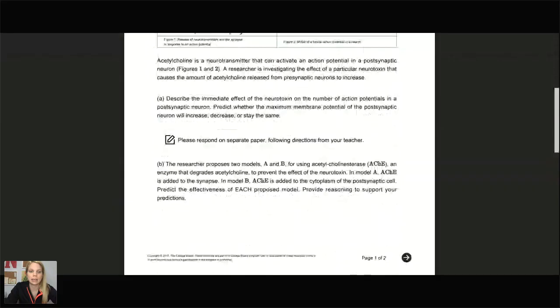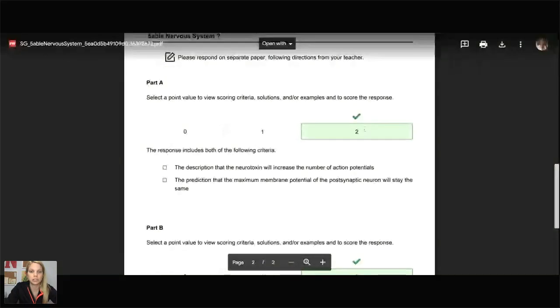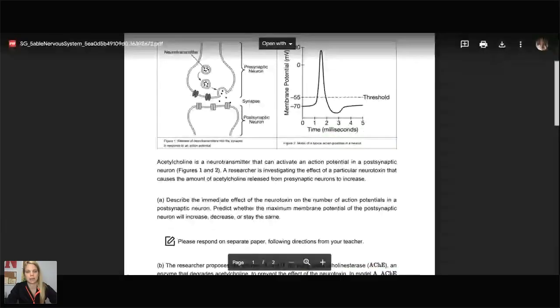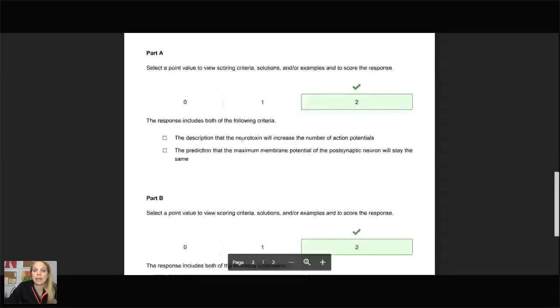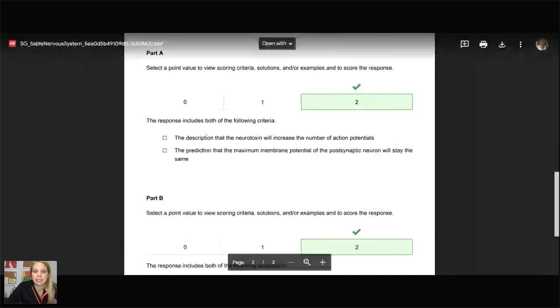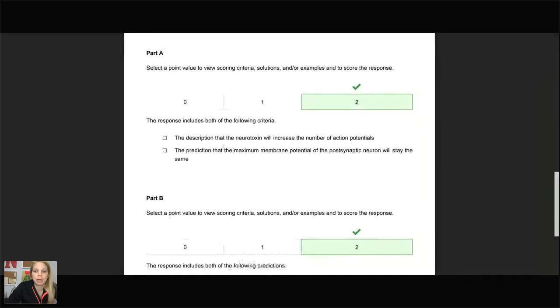In order to get 2 points, you had to say 2 things to get that: describe and predict. You had to say that the neurotoxin will increase the number of action potentials. You had to predict that the maximum membrane potential of the postsynaptic neuron will stay the same, okay?